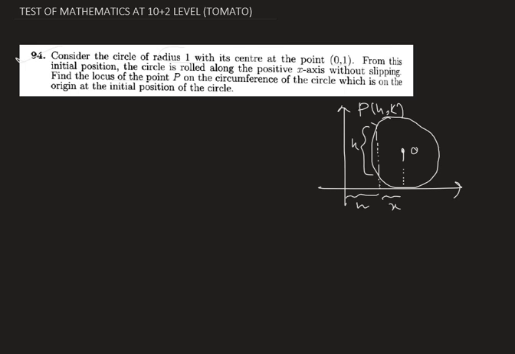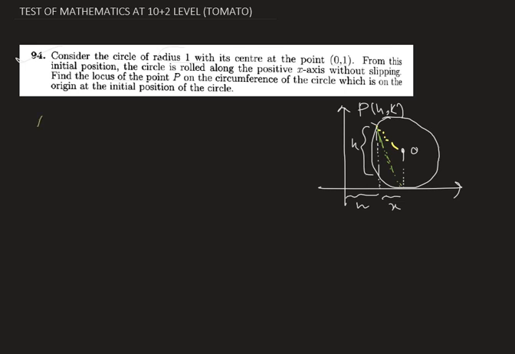Okay, now join these two points P and O and draw another line from P to the point where the perpendicular cuts the x-axis.